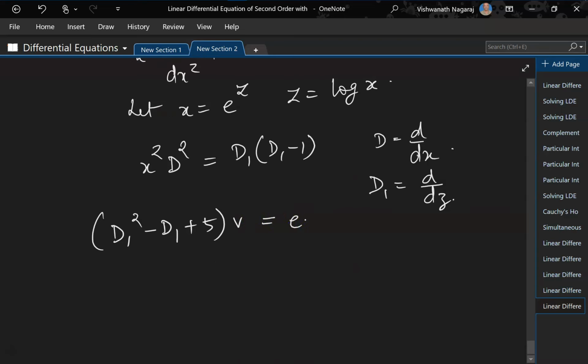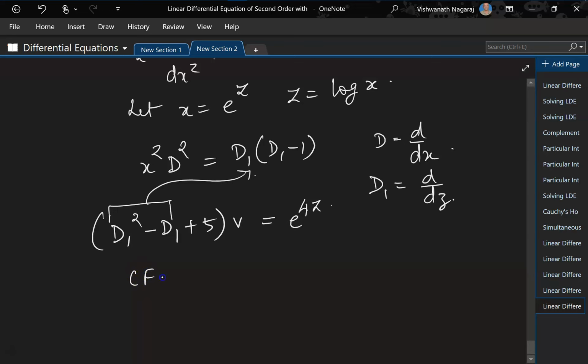e to the power of, what is there? x to the power of 4 is there, right? So x to the power of 4 would be e to the power of 4z. Now this D1 square minus D1 has come from x square d square. Again, we know how to solve this.